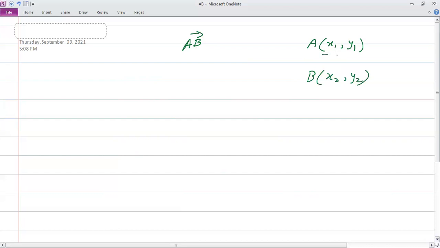If you have these coordinates, remember your AB will be equal to OB minus OA. For example, PQ will be equal to OQ minus OP, since Q comes later.